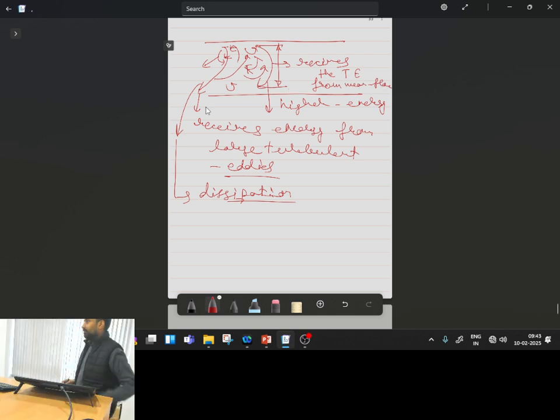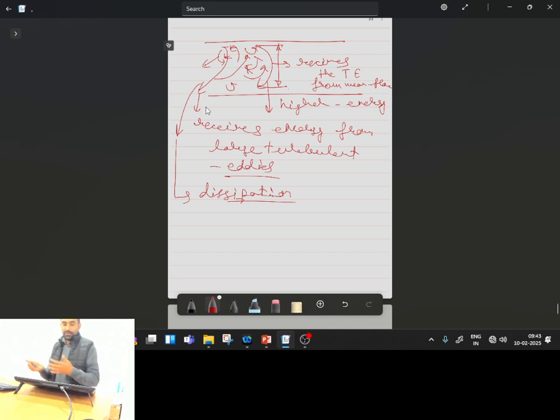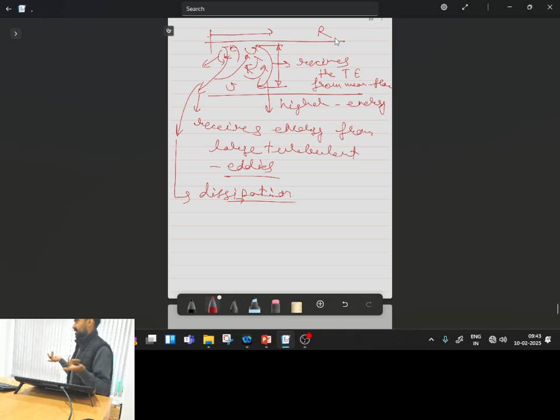Even if my localized flow structures are rotating here and there, you will still find that overall in this pipe the water will be flowing from left to right, if I assume it to be water or any other fluid. So though the localized fluid motions are random, the overall flow is actually taking place from left to right.